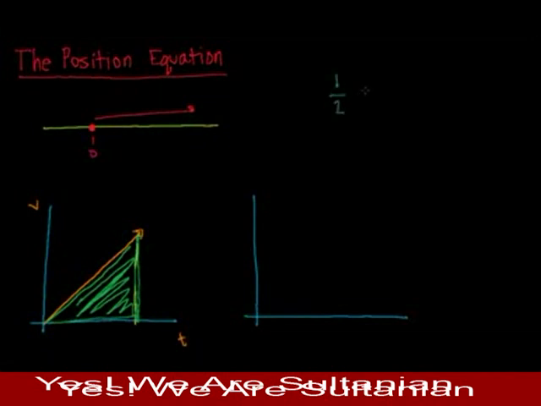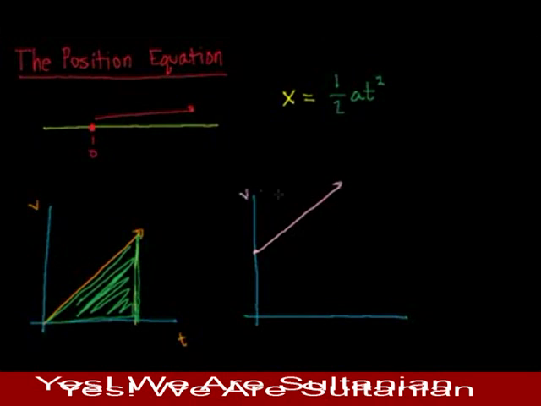And this is what we learned in one of the previous videos, in case you're unfamiliar with this. So 1/2 AT squared. And let's say that 1/2 AT squared is a positive number, and that's going to be her final position.